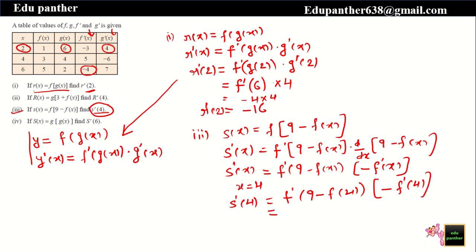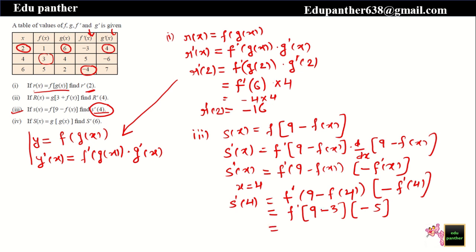So we have to take all the values from the table and simplify this expression. So it's f dash of 9 minus, now this is f of 4. So what is the value of f of 4? Check your table, f of 4. So it is 3. 9 minus 3 into minus, what is f dash of 4? So f dash of 4 in third column, second row, it's 5. So f dash of 4 is 5.